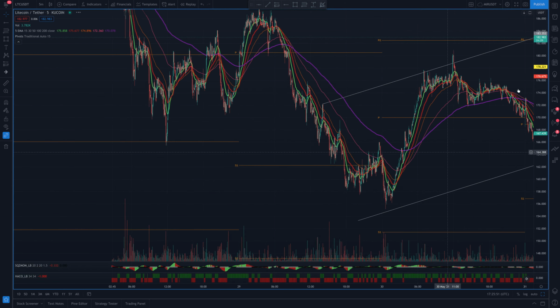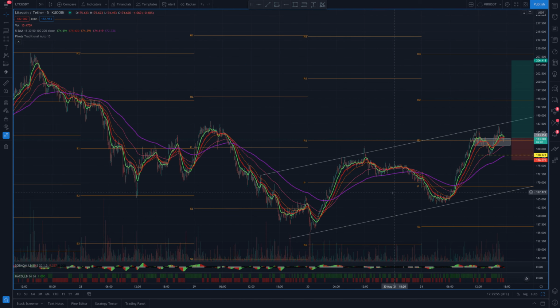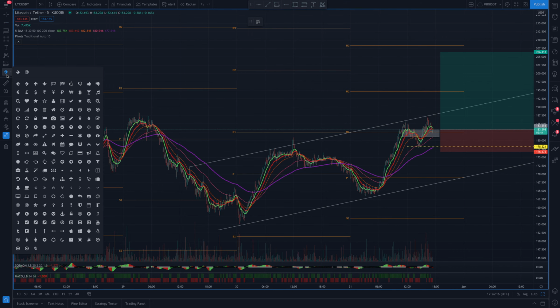Typically, I don't like it. There is a chance that this might be a bearish formation, especially. Let me draw this.